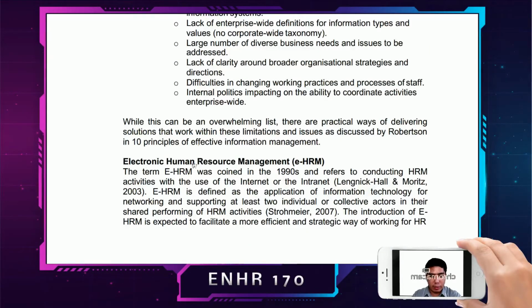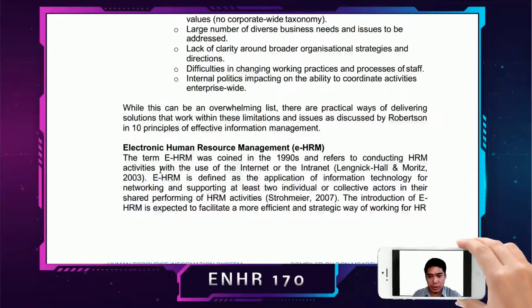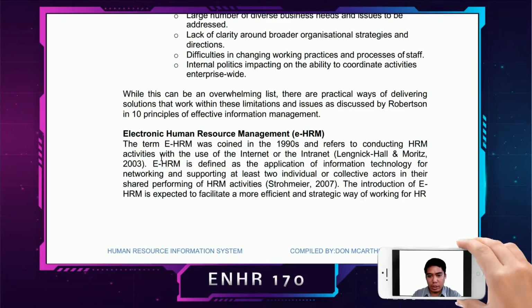Now, let us look into this electronic human resource management and human resource information system. So, ano ba ang pagkakaiba ng electronic HRM sa human resource information system? Okay? So, the electronic human resource management refers to conducting HR activities with the use of, remember this, internet or the intranet.